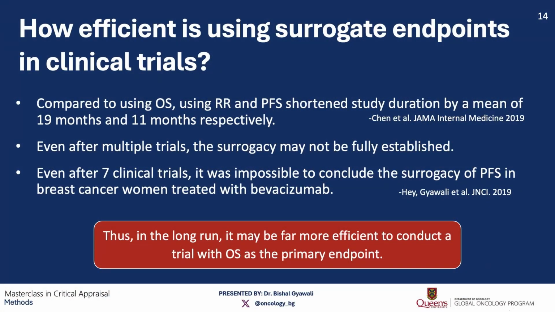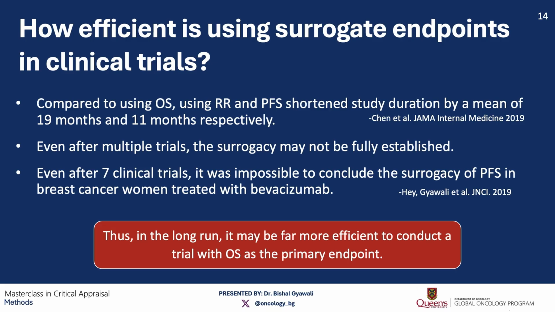On the flip side, if we don't measure OS, we would never know whether survival would improve or not. So there is a trade-off there. And the problem is, sometimes, even after multiple trials, the surrogacy may not be fully established. For example, we did this study of the validity of surrogacy of progression-free survival in breast cancer women who are treated with bevacizumab. And we found that there were 7 clinical trials, which is rare nowadays for the same drug to have 7 clinical trials in the same cancer setting. But in this case, there were 7 clinical trials.